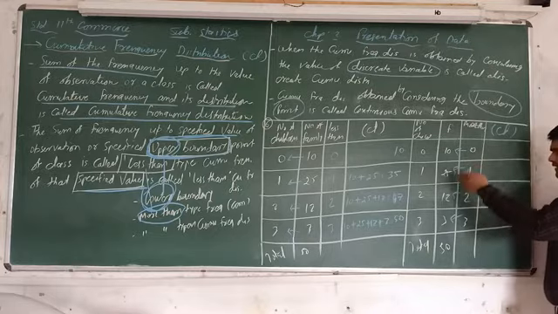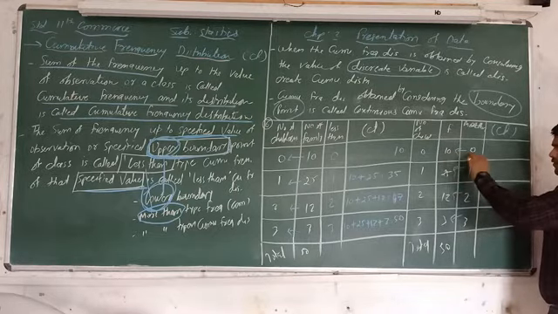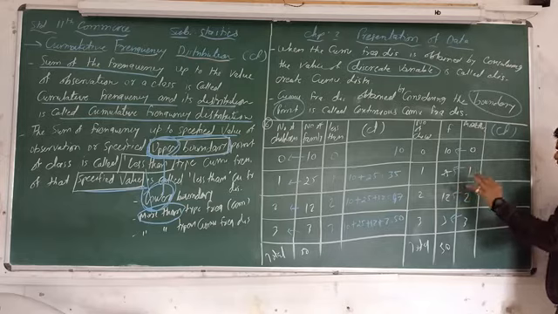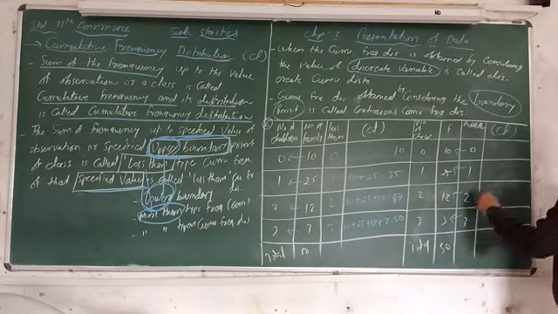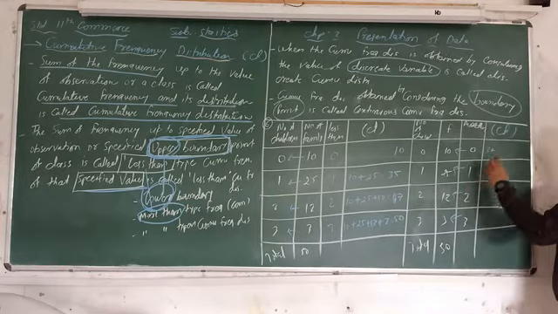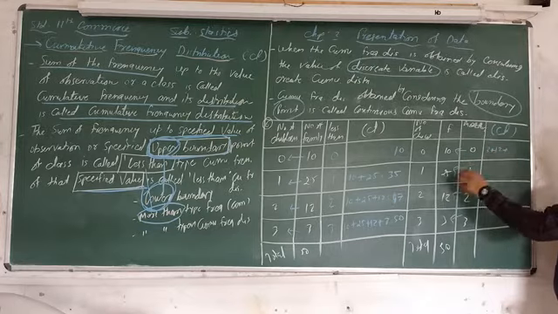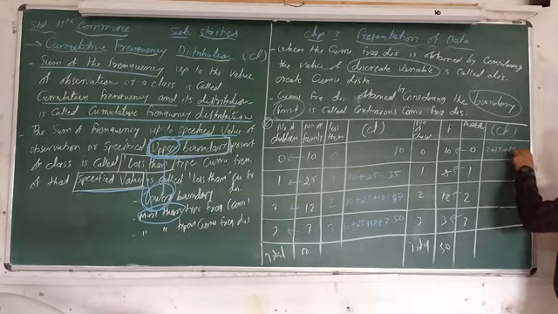So all the families are there, those who have either 0 or more than 0. So here we can say it's 3, 12, 25 and 10. Total will be 50.